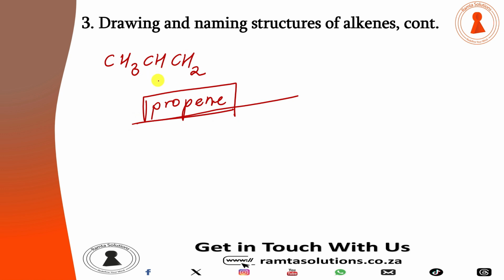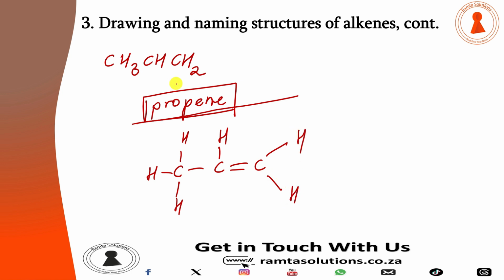In case you're wondering how to draw the structure, the first carbon has 3 hydrogens. The second carbon has 1 hydrogen. The third has 2 hydrogens. This gave me an indication that there's a double bond between these two. Why? Because I know normally it's CH3, CH2, CH3.